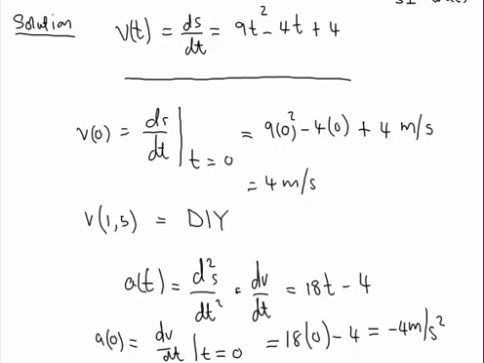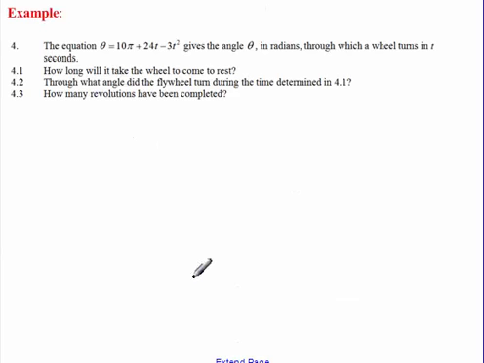Now let's come to this example. In this case here, we have an example which is for angular motion, but I think I'm going to leave this one for you to do yourself. Are we together?